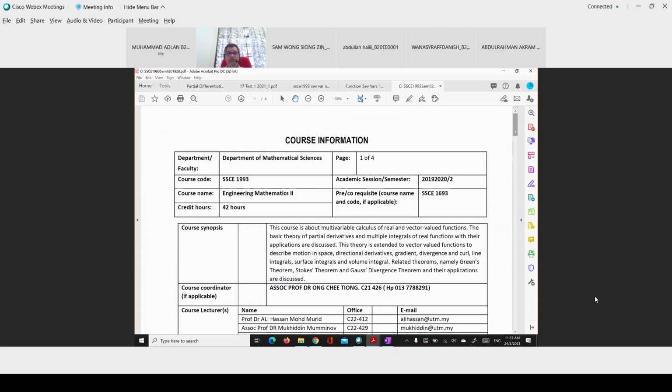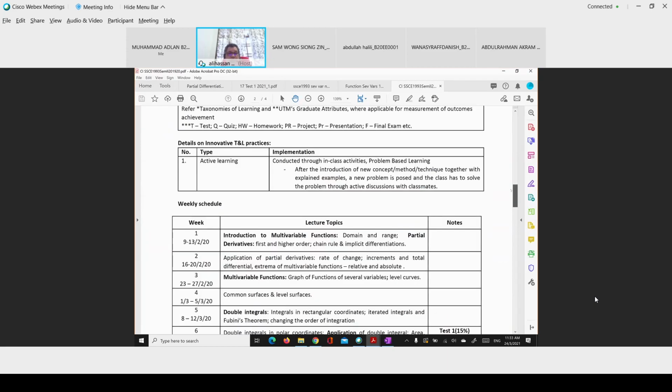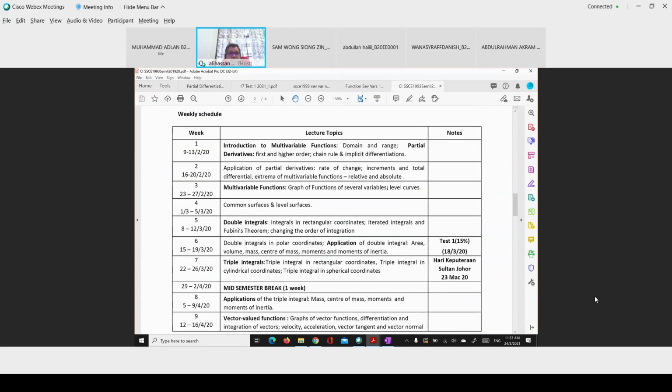If you look at our course information once again, the next topic is partial derivatives. I have not followed this lecture plan strictly. After introducing the concept of multivariable functions, domain, and range, I went straight to graphs of functions of several variables, level curves, and level surfaces. So next, I will discuss partial derivatives.